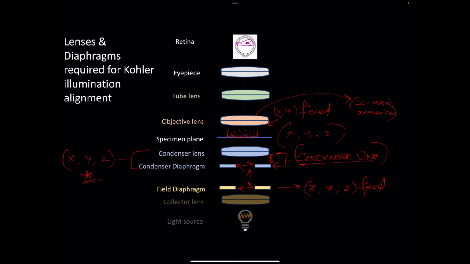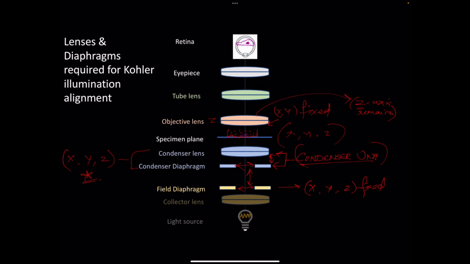Every time you use a microscope, one has to focus the objective lens with respect to the sample, so that the focus is along the axial direction, or the z direction. Therefore, the objective lens has freedom along the z direction, and it can be moved to focus your beam.